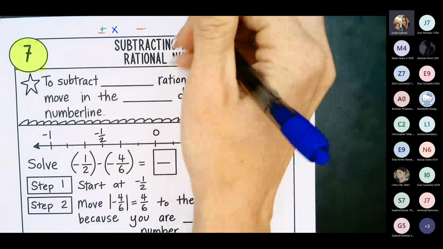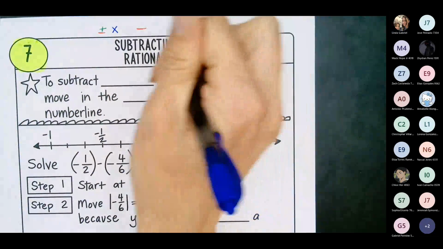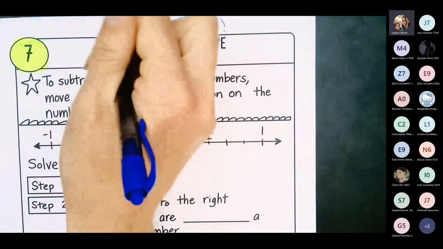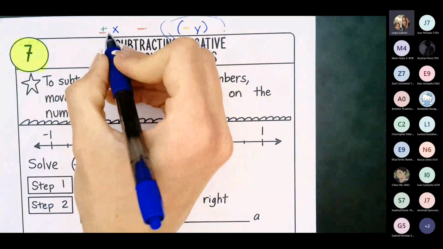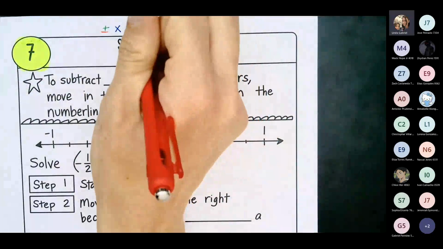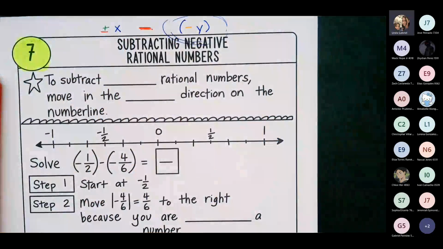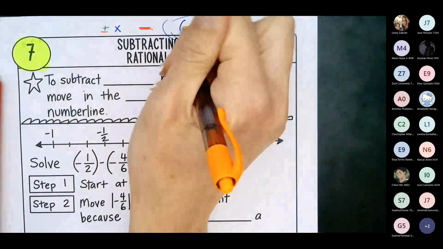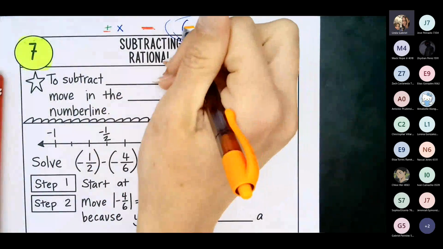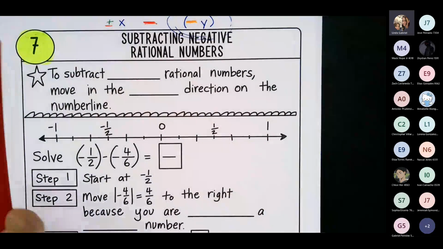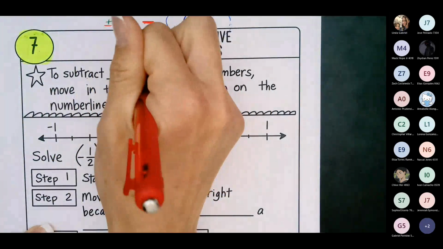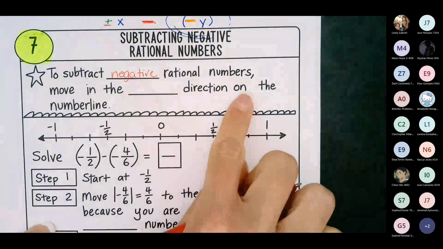Very important that we realize that the first number can be positive or negative from the beginning of our expression, but we need to make sure that when we look at the second part, we are subtracting a negative number. Because the rule that we're going to learn right here only applies when we are subtracting negative rational numbers.